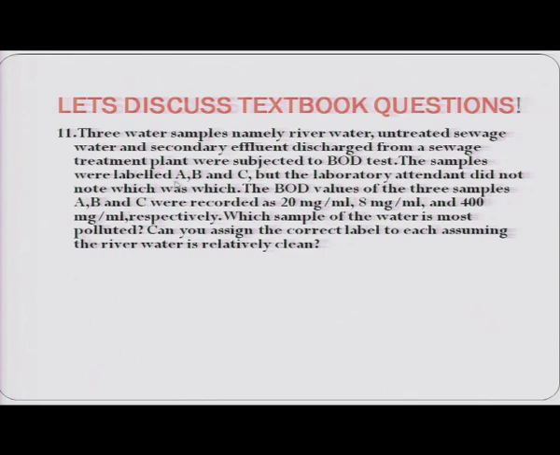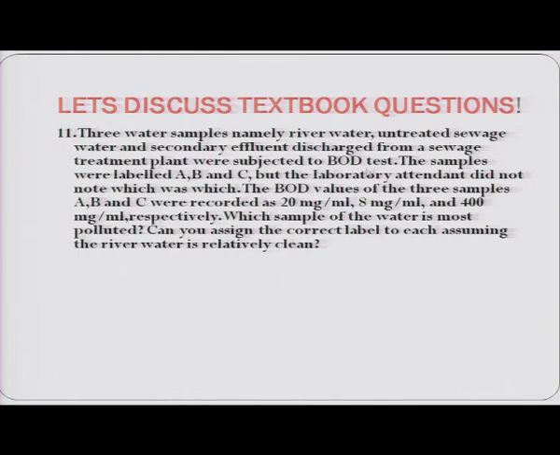The next question is that 3 water samples, namely river water, untreated sewage water and secondary effluent discharged from a sewage treatment plant, were subjected to BOD test. What is BOD? BOD is the amount of oxygen which is required to consume the organic matter present in 1 liter of water.